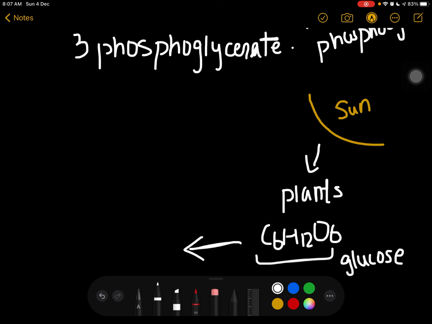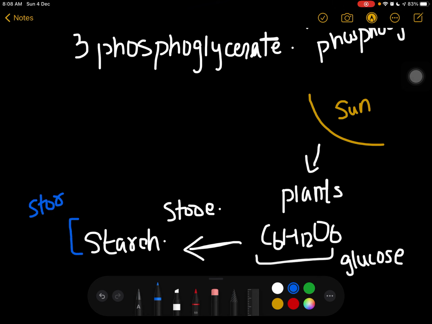And in plants, they store glucose in the form of starch, which is the storage material.